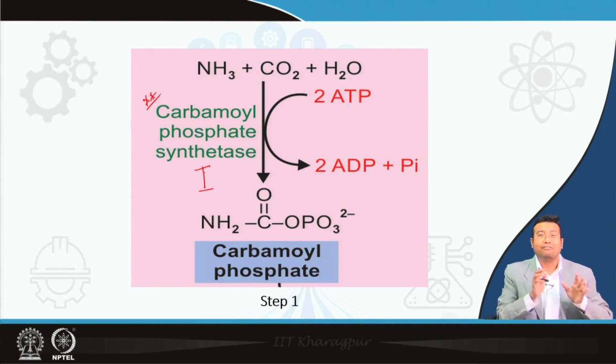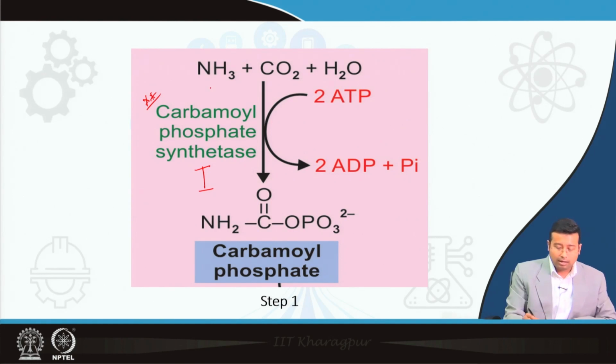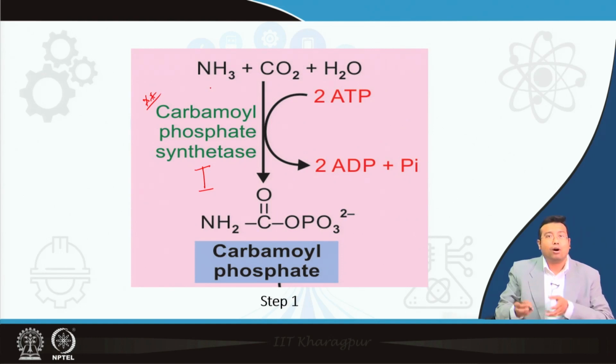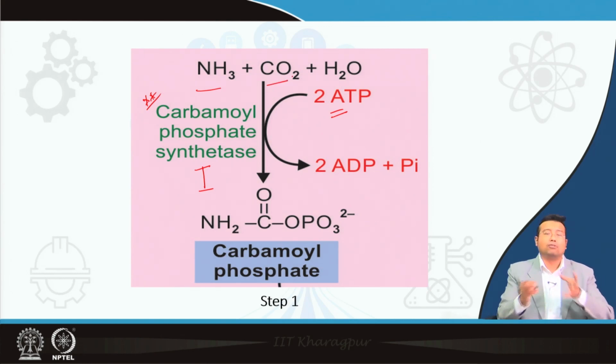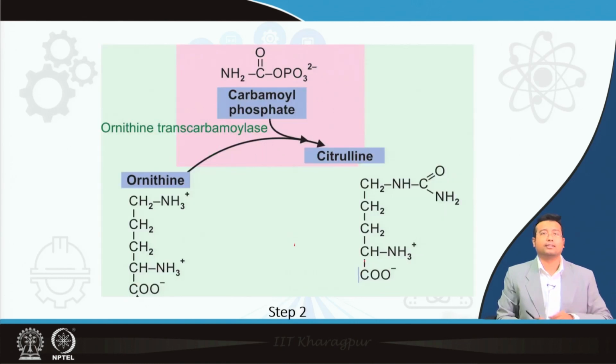But the first very important preparatory step of the urea cycle is carbamoyl phosphate synthetase 1, which utilizes 2 high energy phosphate bonds or ATP. It utilizes ammonia and carbon dioxide and converts a molecule of water, and with the help of energy it converts it into carbamoyl phosphate, which then enters into the urea cycle.